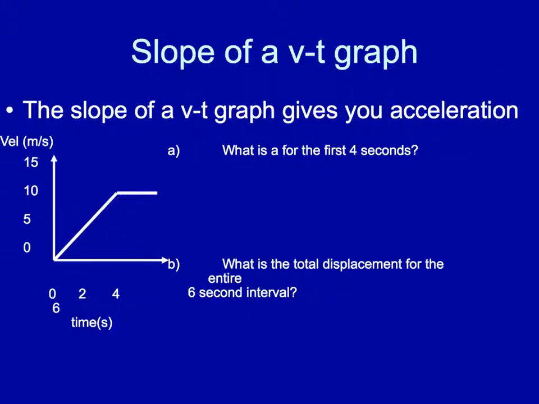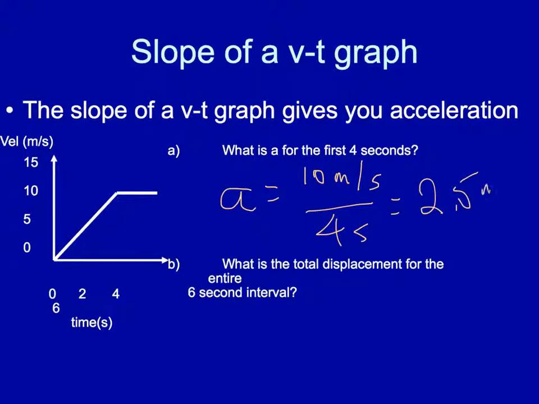If I want to calculate the slope for the first 5 seconds, I'm going to say a is equal to, well, it rose to 10 meters per second divided by 4 seconds, which is equal to 2.5 meters per second squared. I can live with either one.